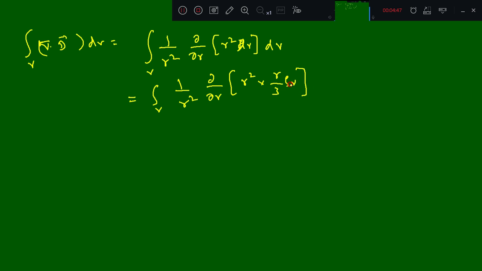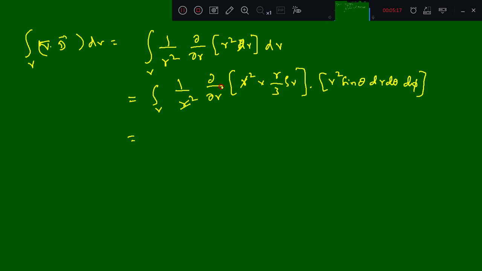Into dV, which we know is r square sin theta dr d theta d phi. So here the r square can be cancelled. Then dou by dou r of r into r square, that is r cube by 3.